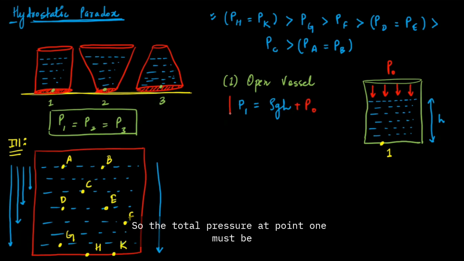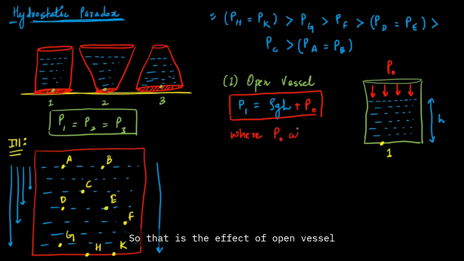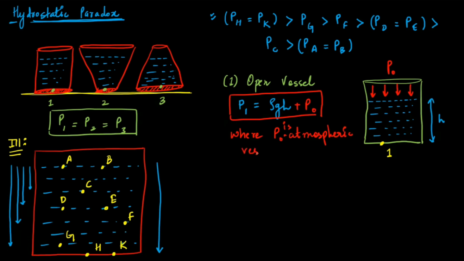So the total pressure at point one must be P naught plus rho g h, where P naught is atmospheric pressure. So that is the effect of an open vessel, and that is something you need to keep in mind: atmospheric pressure.